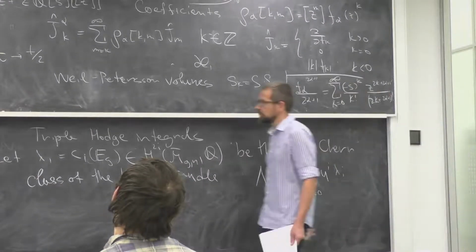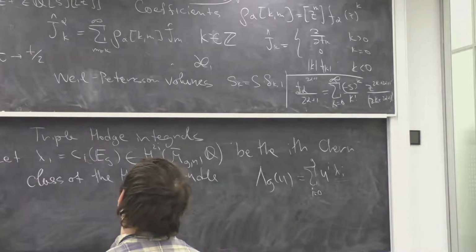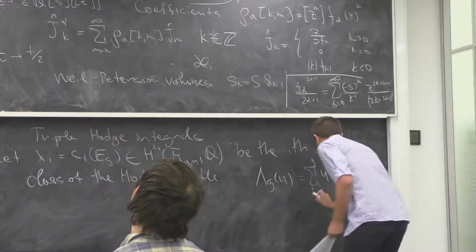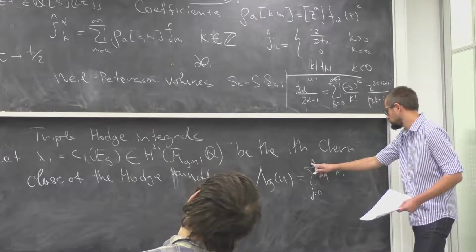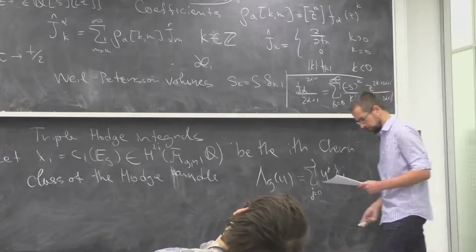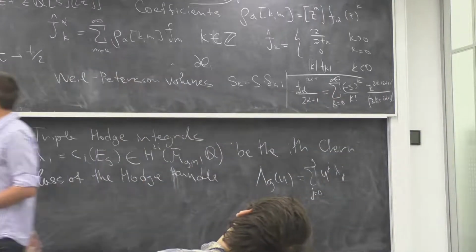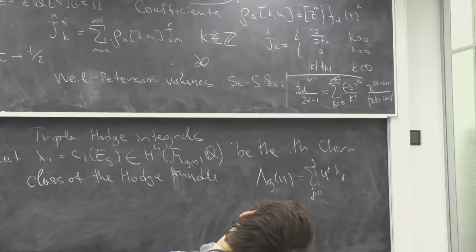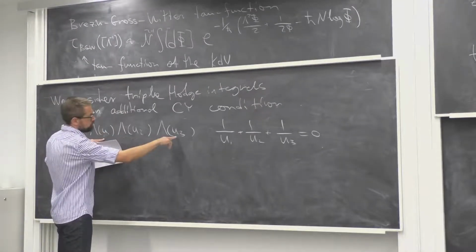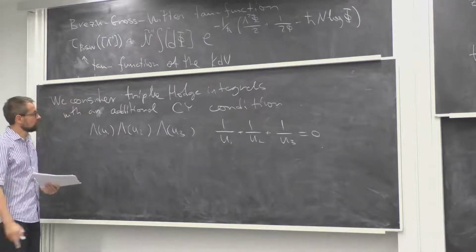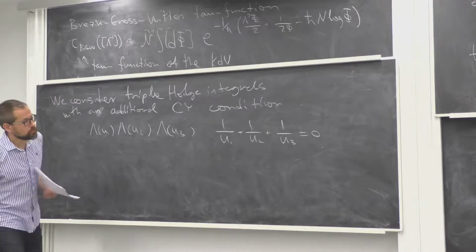And it has index g, so it's sum from 0 to g. And there you see what is this product. This is just a class of homology. So we take three these guys with different parameters u for some given g.